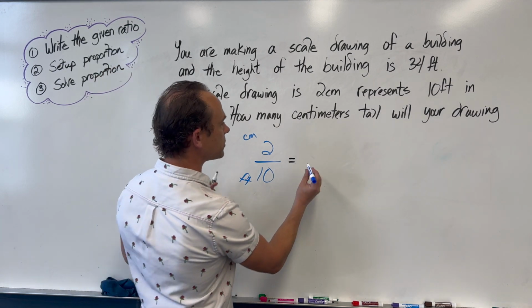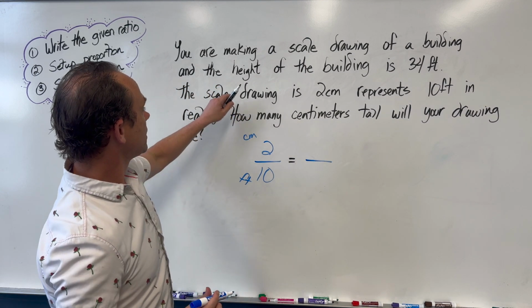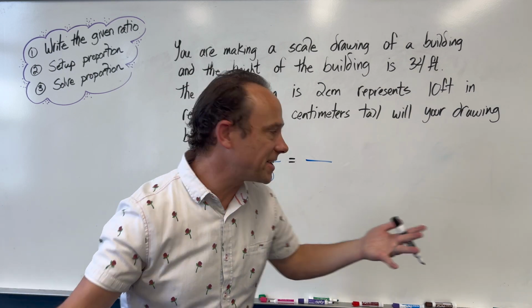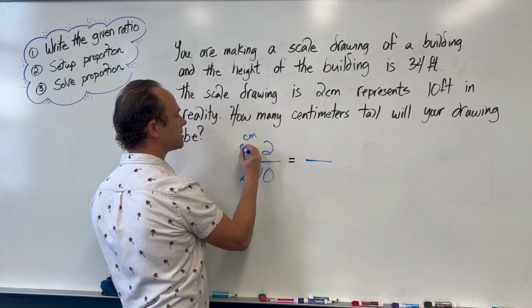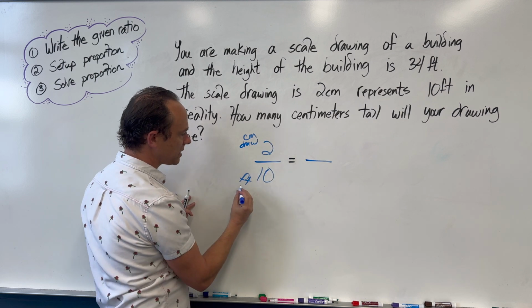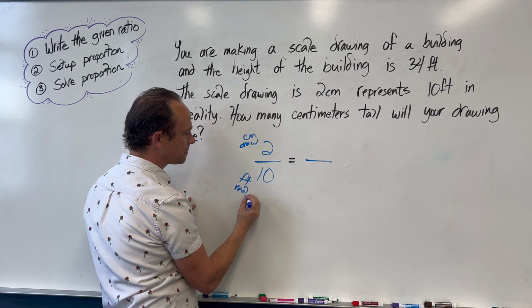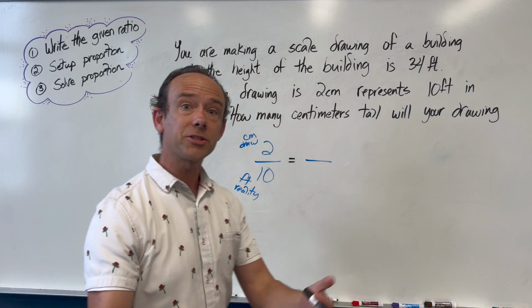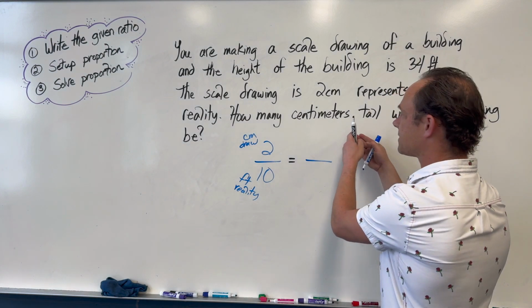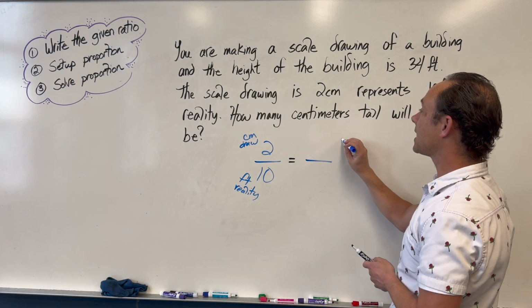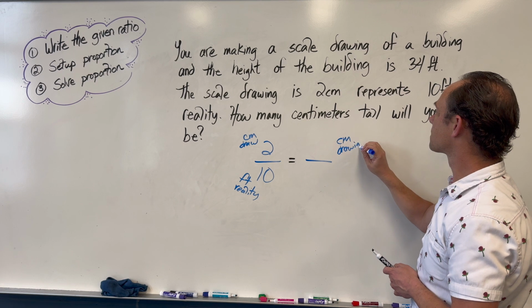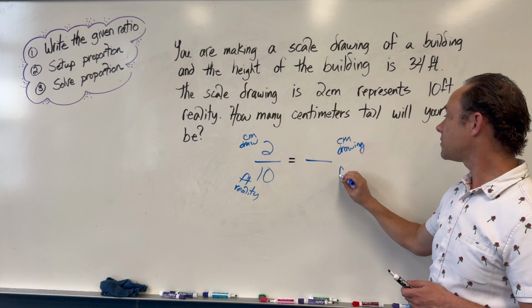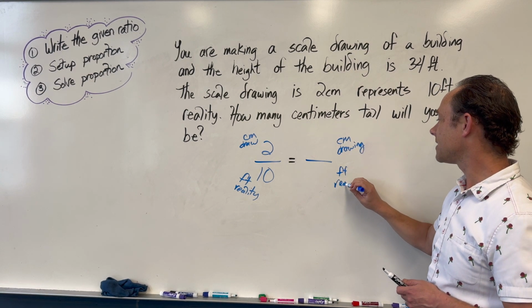Let's go here. So we've got to be consistent, right? So whatever we put here for reality, because this is drawing, 2 centimeters of drawing, 10 feet in reality. And so it's got to be similar over here. We're going to have centimeters for the drawing in the numerator, and feet in reality down here.